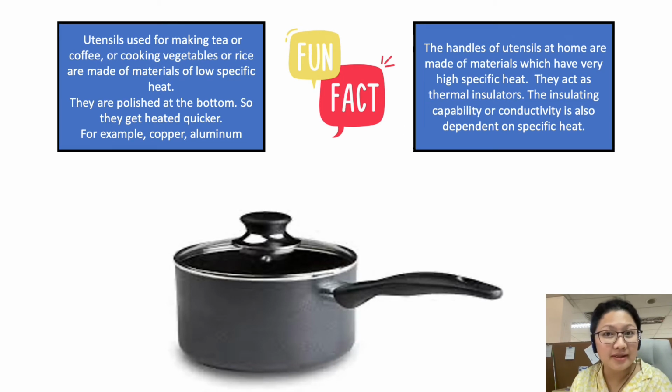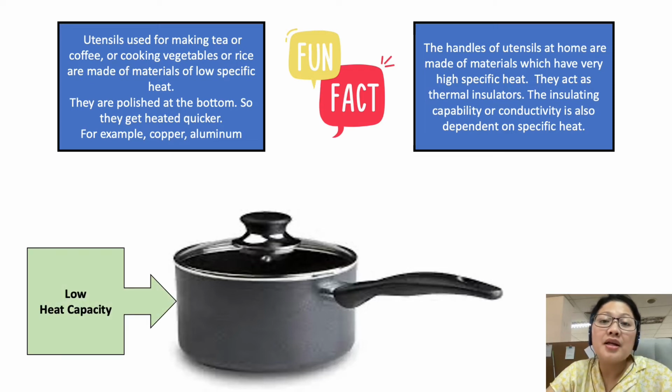Let's take a look at this pot. We usually use this pot to cook Maggi, right? Now imagine every time we cook, we heat the whole pot at the same time, which means the body and the handle. However, we can still hold the handle. We don't feel it hot compared to the body of the pot. Why does this happen?